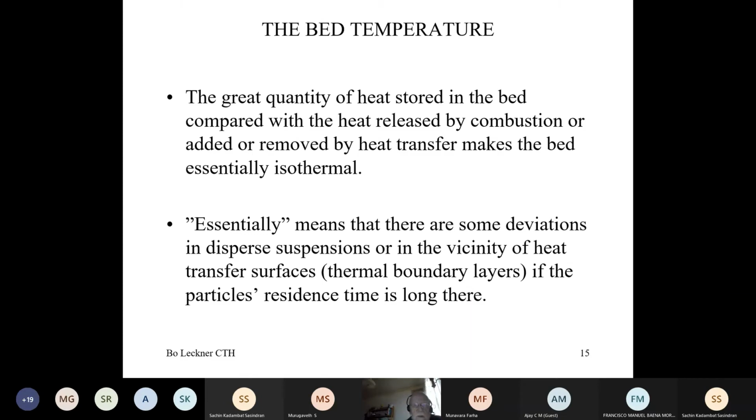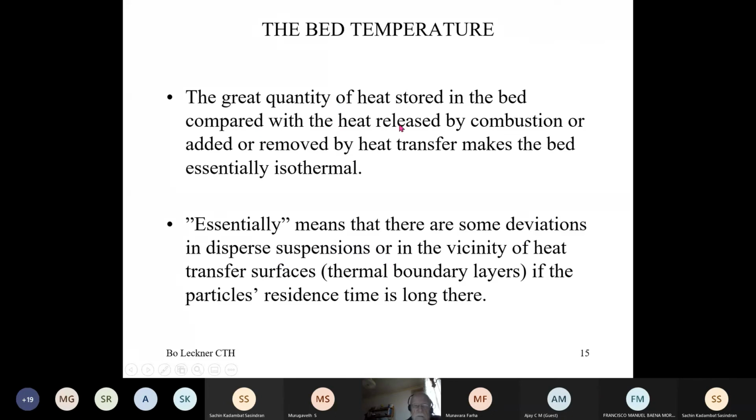So the heat transfer is related to the bed temperature, and the bed temperature is essentially equal all over the bed. Essentially means that it's not completely equal, because we have some boundary layers with lower temperature, and there may be also some other variations in temperature.